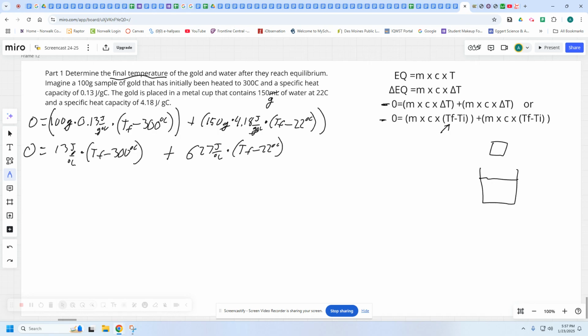And now you guys have a simple term out front of the parentheses, the 13 joules for every degree Celsius, and on the other package we have 627 joules for every degree Celsius. Now, most students will obviously say that it's time to distribute into the parentheses, and that's fine. So if you like to draw arrows, you can. If you don't like to, you don't have to.